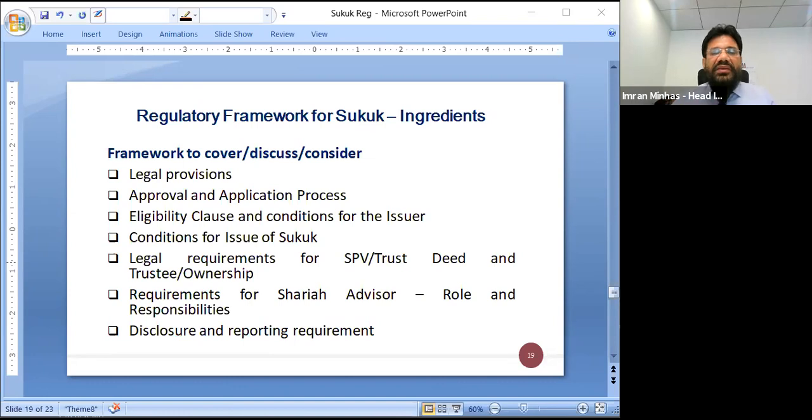Again, the other area which needs to be covered in the legislation is the legal framework regarding the eligibility clause. Who is eligible to apply? Who can be the issuer? You need to decide the issuer based on the requirement in your country.